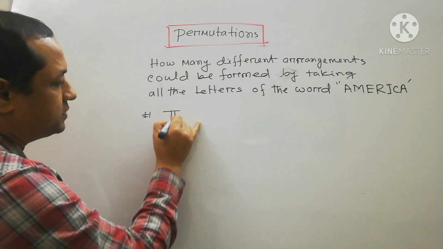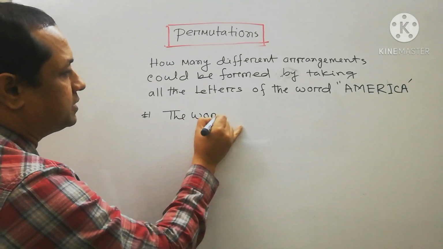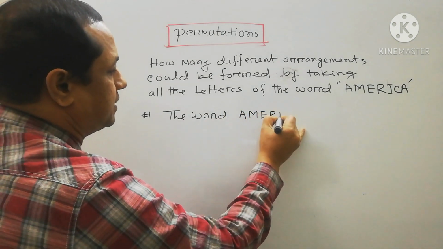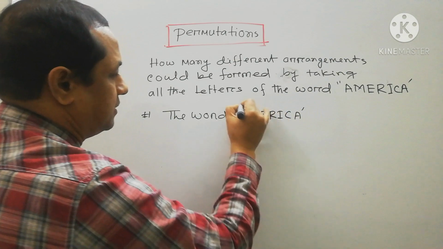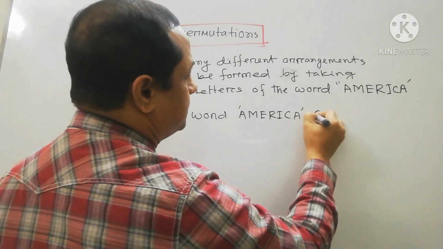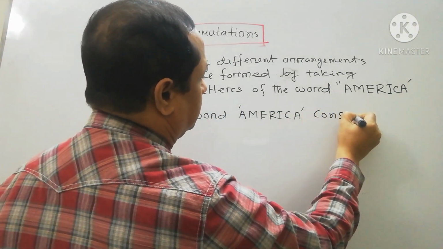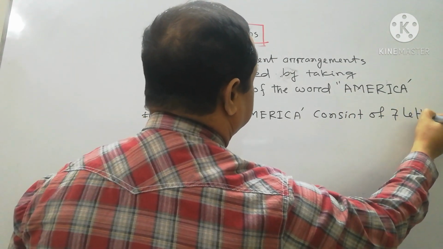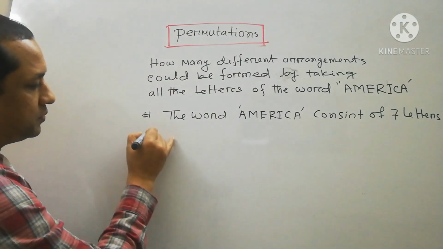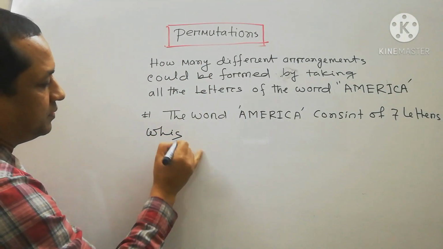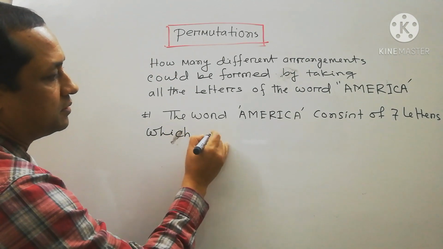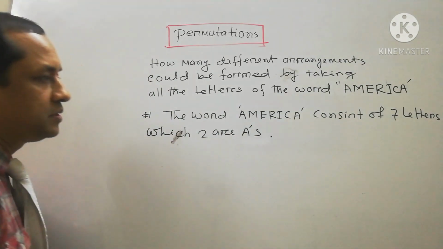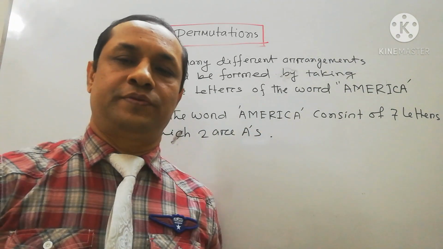So the word America consists of 7 letters, of which 2 are A's. So all things are not different.